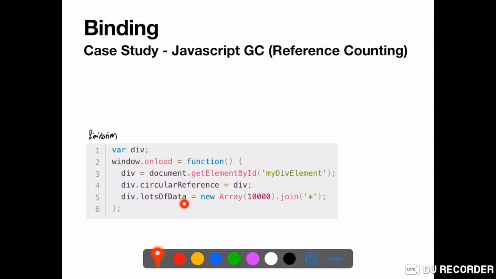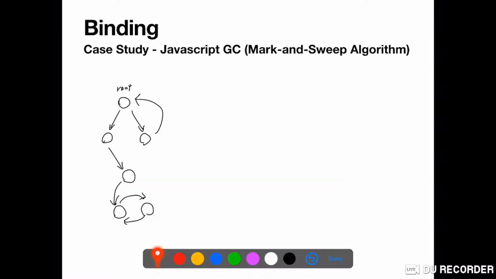But this reference counting mechanism is ancient, and usually now garbage collectors don't use reference counting. They use something called the mark and sweep algorithm.